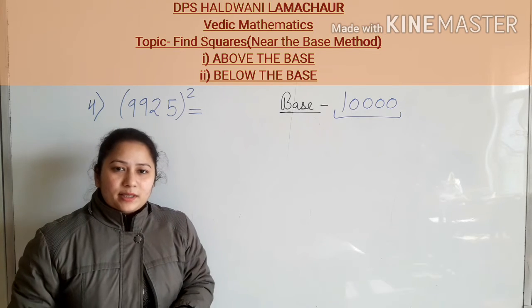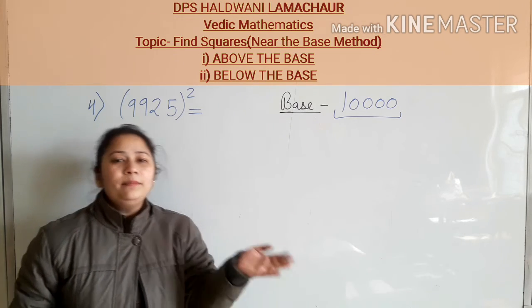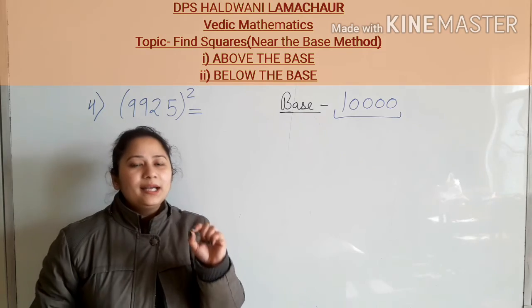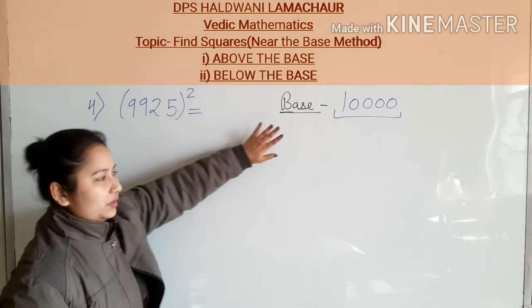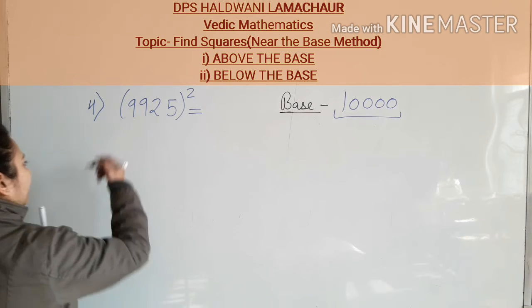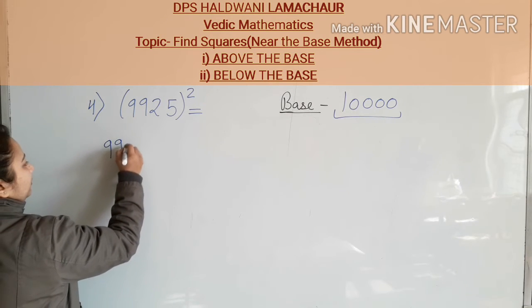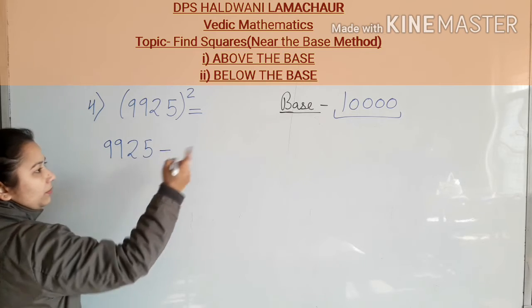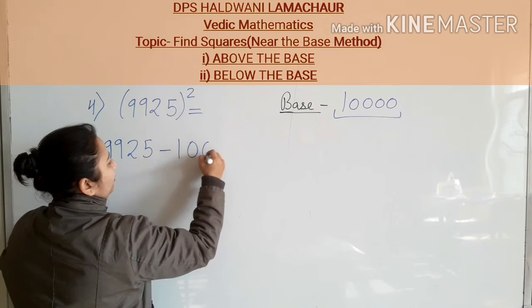See, taking the base for the above the base method and below the base method is somewhat different. You just have to learn this, otherwise the other method is the same. Now take the number minus your base from it.